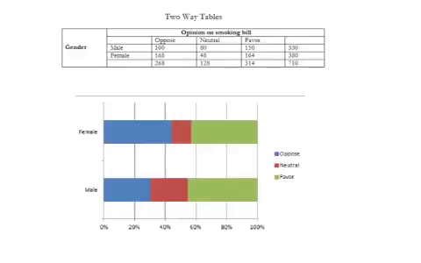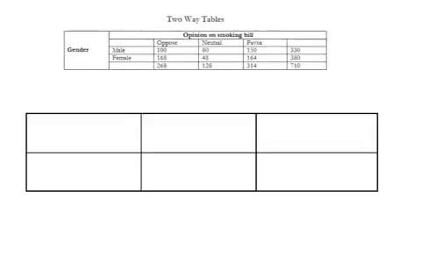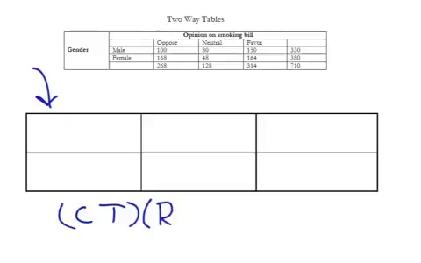Now that we've looked at a graph, the next thing we're going to look at is the expected values. So we'll give ourselves an empty chart. To get the expected values, if I'm going to do this top cell, I need to take the column total, multiply by the row total, and divide by the grand total.